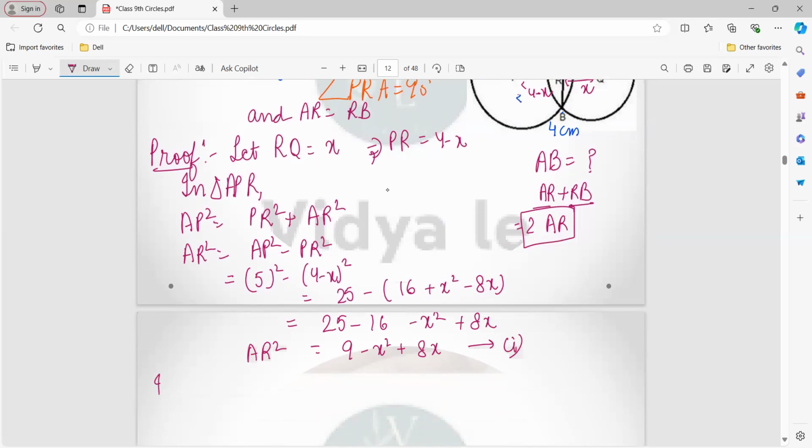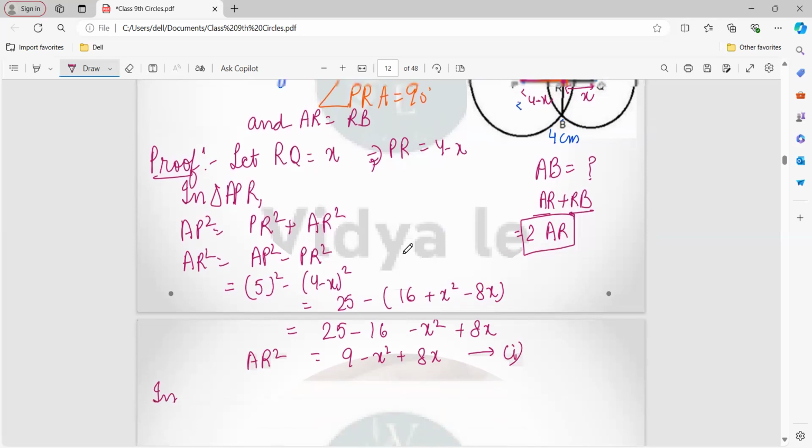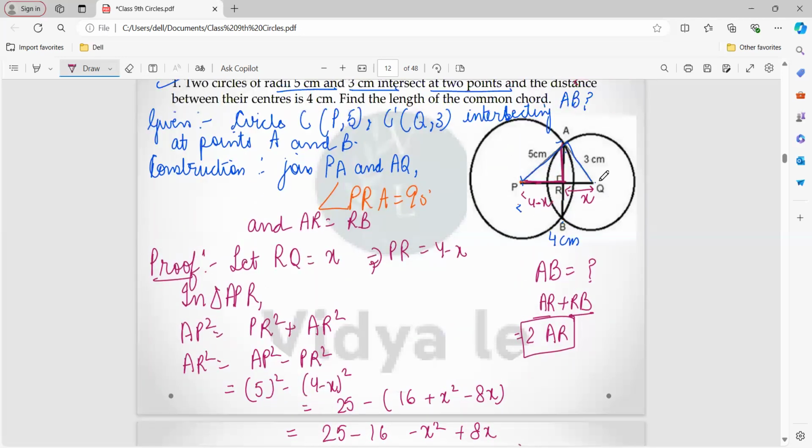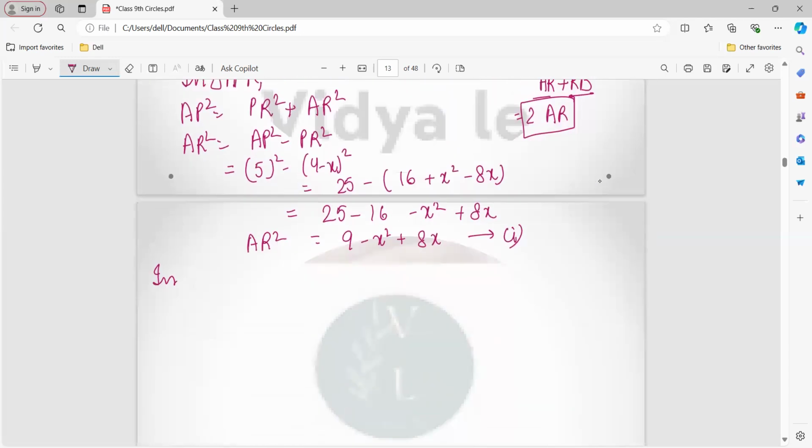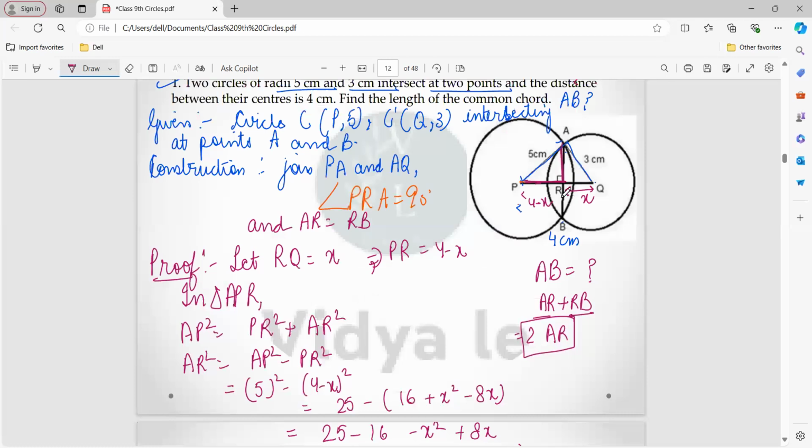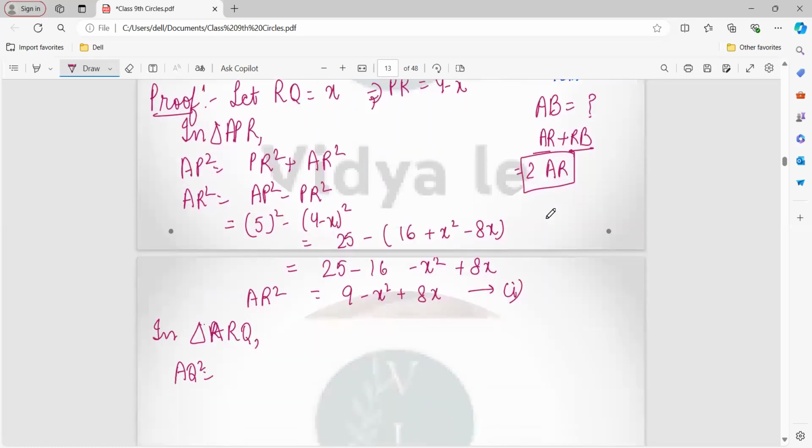So we want it in terms of numbers. So we'll take the next triangle, that is ARQ. In triangle ARQ, AQ square is equal to RQ square plus AR square.